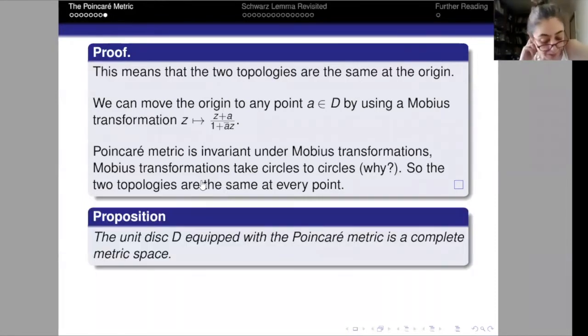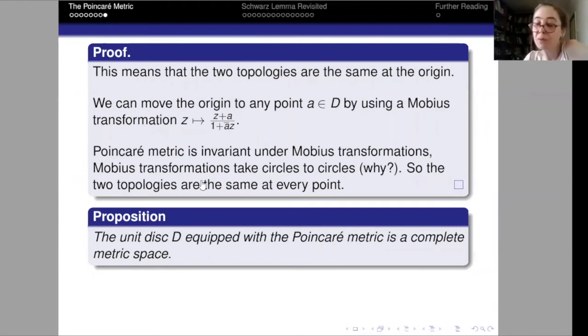Now, we also have to look at this thing. Yesterday, we said that if this space equipped with our metric is not complete, then we may have some problems finding the least possible length curve.